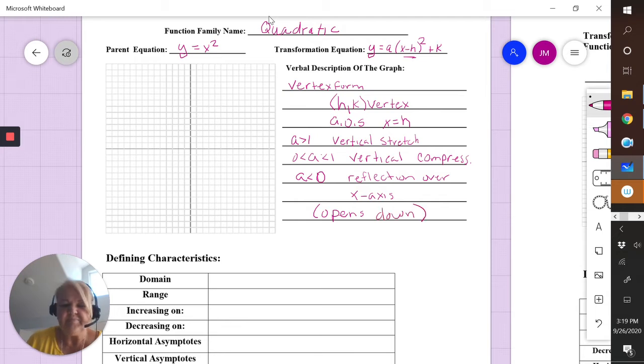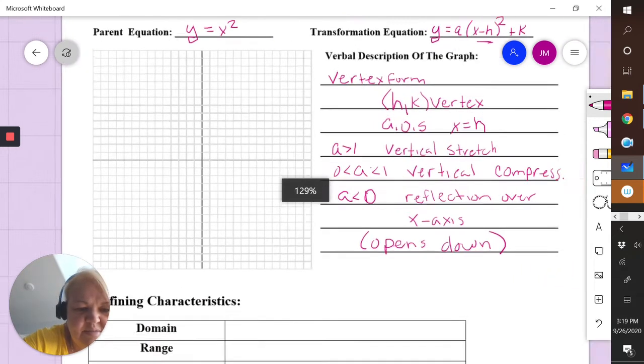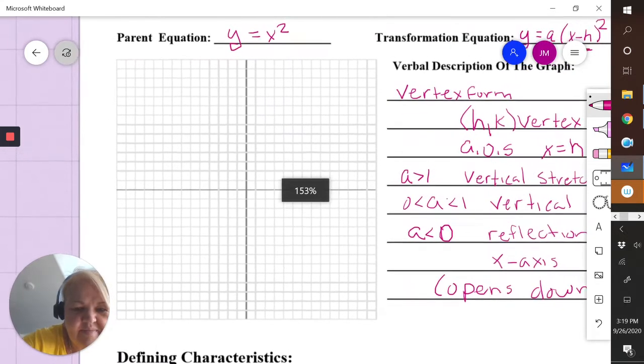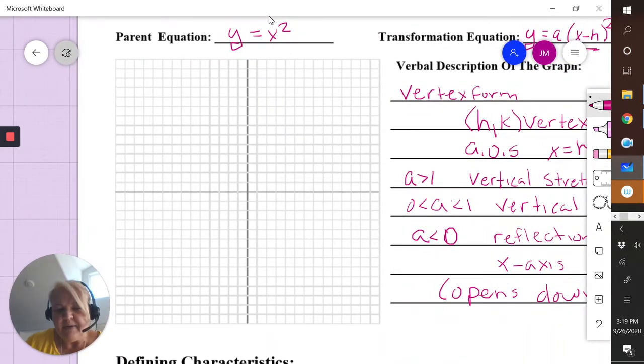So let's look at the parabola. There are some very important points that the parabola goes through. I'm going to zoom in a little bit here so we can see it. Okay, your parent function, if I plug 0 in for x, y is 0. If I plug 1 in for x, y is 1.